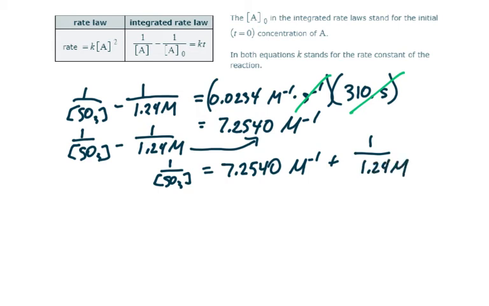So 1 over 1.24 is 0.0865, or 0.8065, excuse me. And I'm going to round it out a little bit further, so 0.80645.